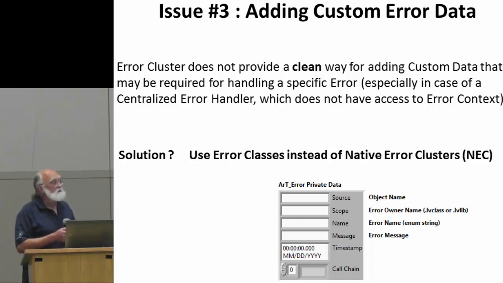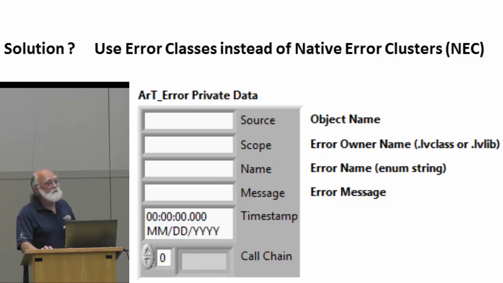So the solution for me was really simple. Instead of using error clusters, make them into error objects. This way you can add to your object whatever you need and pass it through error wires. And that's the data I pass with my implementation.